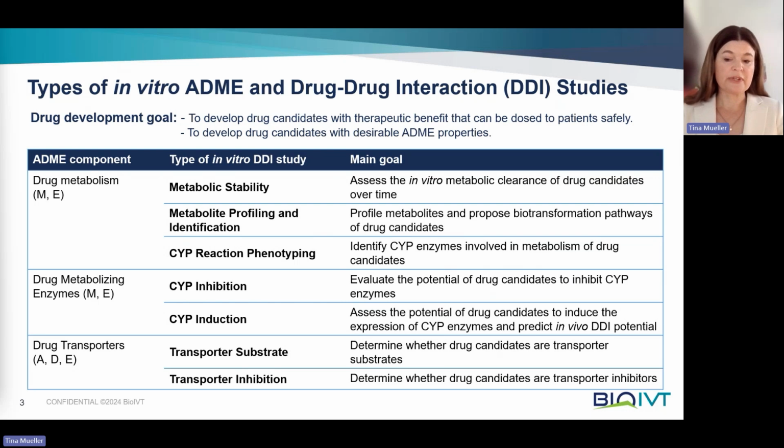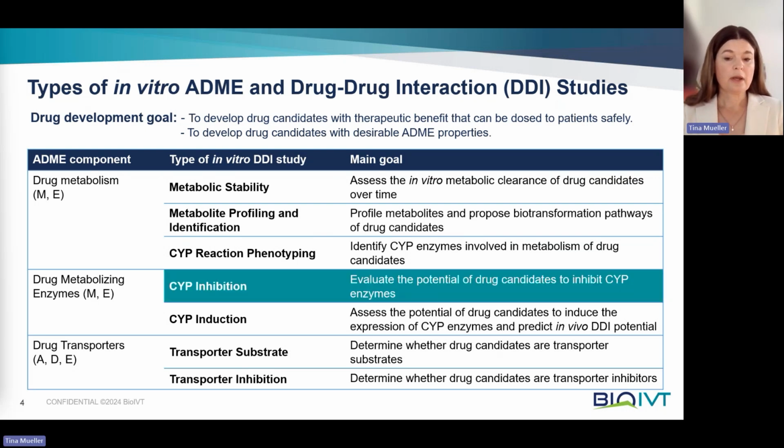And these ADME properties are assessed in vitro DDI studies, which can be grouped into three categories as seen here: drug metabolism, drug metabolizing enzymes, and drug transporters. And today we will focus on drug metabolizing enzymes and inhibition.